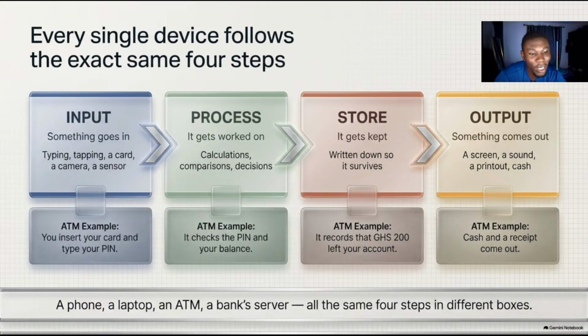You insert your ATM card, type your PIN, and then the ATM checks your PIN and the balance. Then it records that you have 200 cedis left in your account, and then it sends you what you see on the screen.